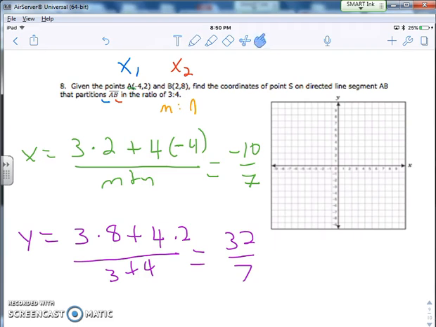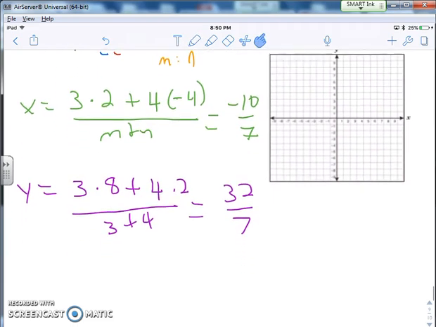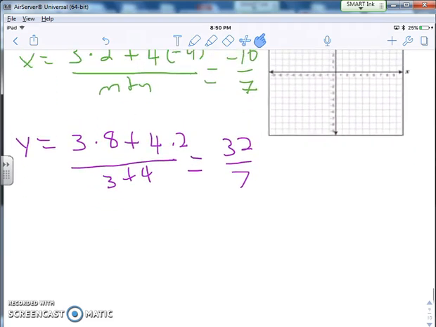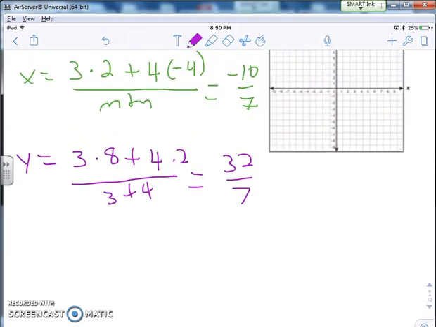And the last step is to write it as an ordered pair. So we've got an x-coordinate of, let's call it -1 3/7, and a y-coordinate of 4 4/7.